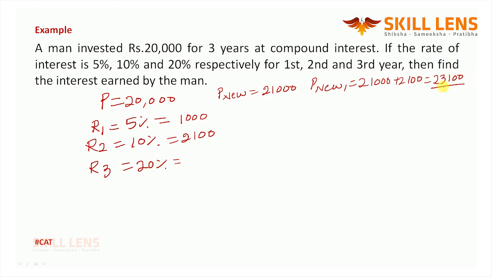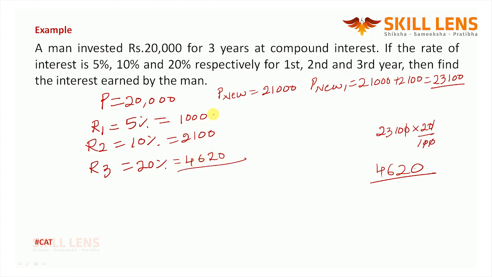Now on 23,100, you have to calculate your 20%. So if you are good with the calculations, you can directly write the value. Otherwise, let me do it for you. On 23,100, you have to calculate 20%. Percent is nothing but you just have to multiply by 2: 2 ones are 2, 2 threes are 6, 2 twos are 4. So that's going to be 4,620.